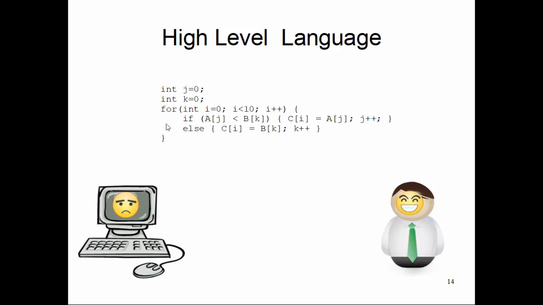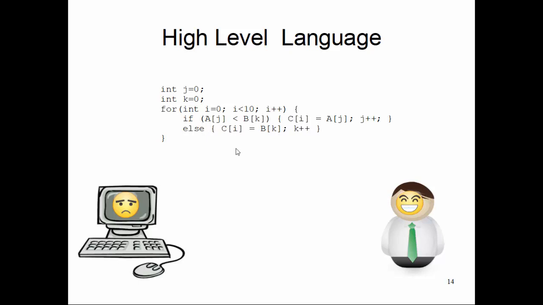We are initializing two variables, j and k, at 0, and then we are looping for the 10 elements in a for loop, and we are comparing these two array position values, and if a[j] is less than b[k], then in another array we are inserting the a[j] value and increasing j, otherwise in the same position of c we are inserting b[k], and we are incrementing k, right?